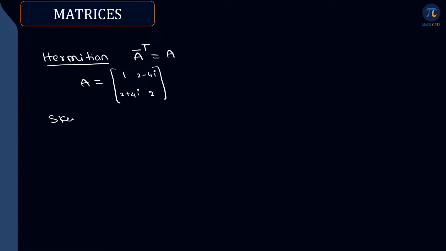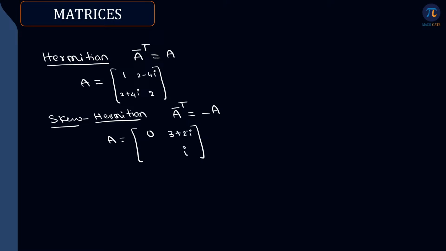Then the skew Hermitian. What is skew Hermitian, sir? A conjugate transpose is minus A. So what should you have? In the main diagonal you can have 0 or pure imaginary numbers, and the real part sign will be different. Suppose if it is 3 plus 2i, then it is minus 3 plus 2i. The imaginary part sign will not change, it stays the same, but the real part sign is different.